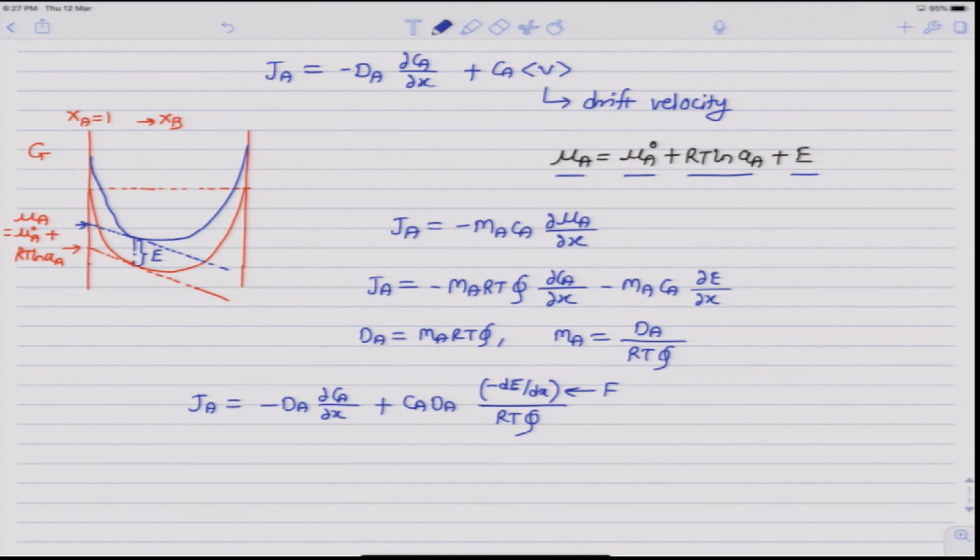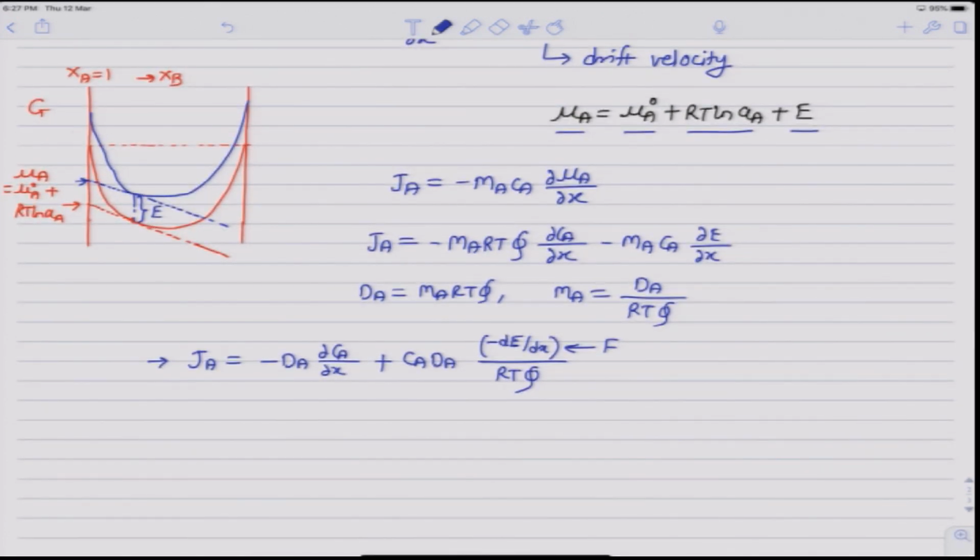Now, if we compare this equation with the equation that we wrote earlier here, we can see the drift velocity is nothing but DA times F over RT phi, or we can in general write V over DA is equal to F over RT phi.